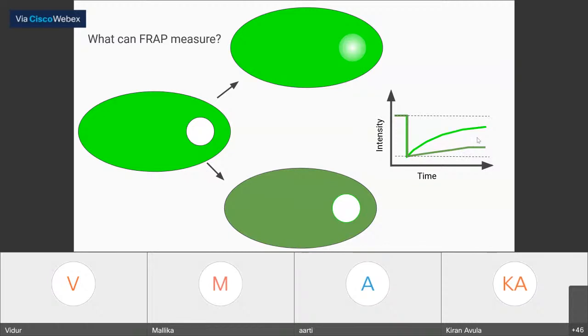The other parameter that can be looked at is, after an extended amount of time, how much does the fluorescence recover by?